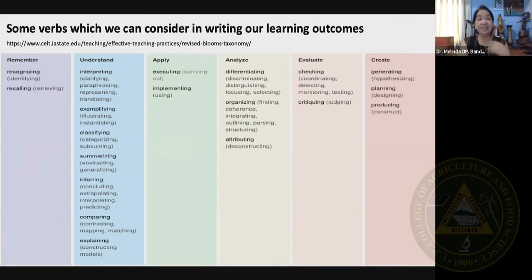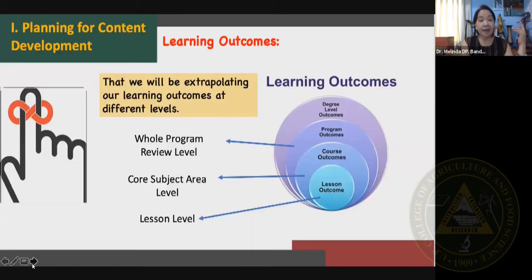In terms of understanding, interpreting, exemplifying, classifying, summarizing, comparing, etc. So hanggang sa create, pwede tayong pumili dito. We can choose which verb will be most appropriate or relevant to the learning outcome that we want for our students. Okay?